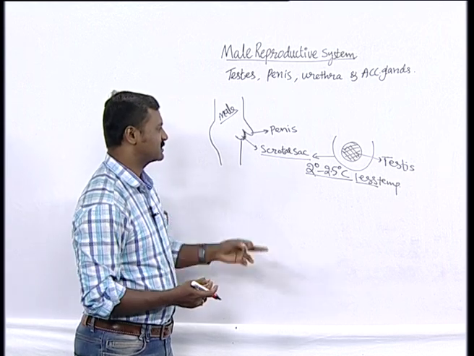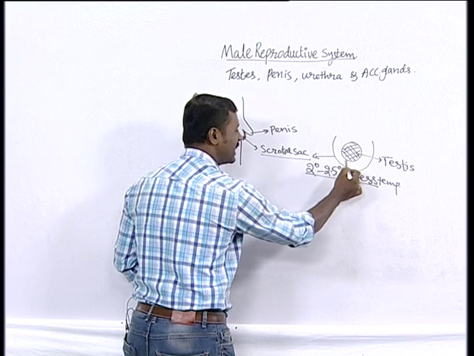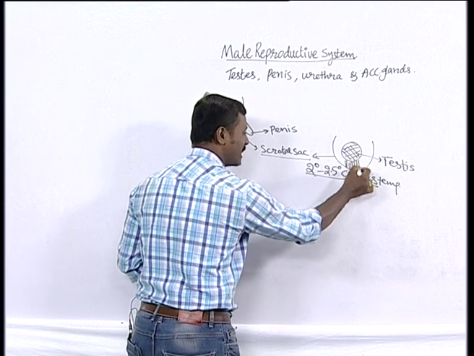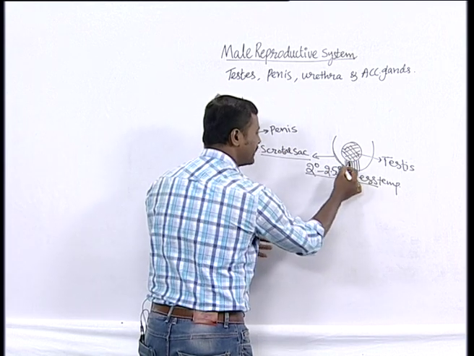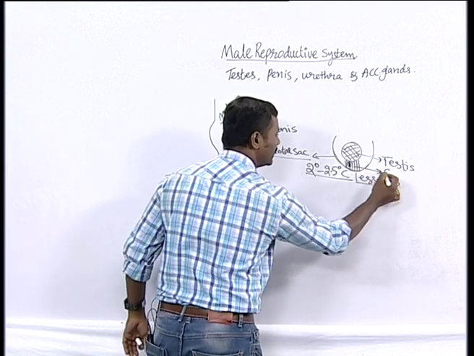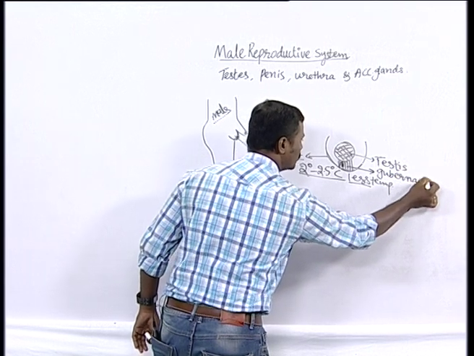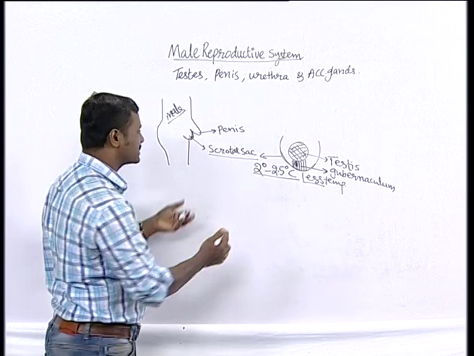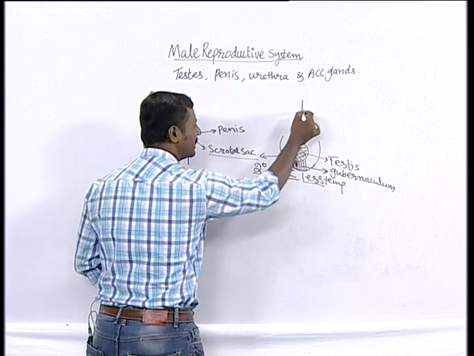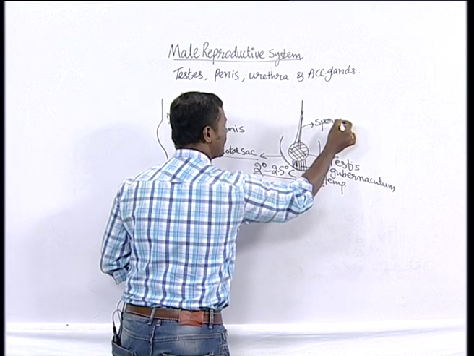In the scrotal sacs we can see the testis, and if the male animal is running or jumping, the testes are protected and prevented from dislocation by the gubernaculum, which gives support from the posterior side. On the anterior side of the testis you can see the spermatic cord.